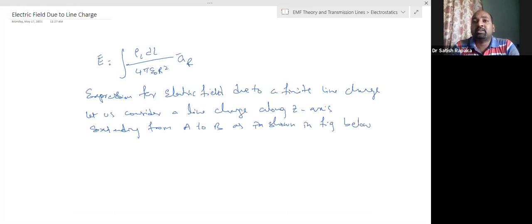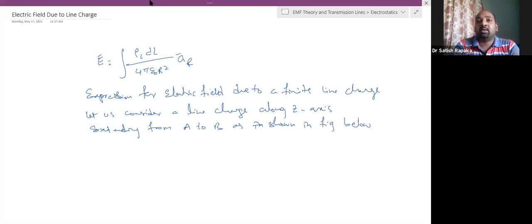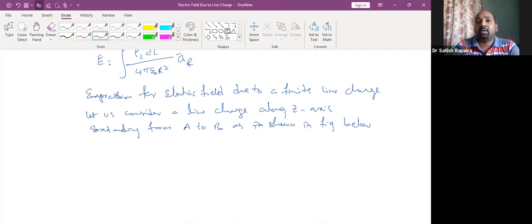Let us consider a line charge as shown in the figure. That figure I will draw.